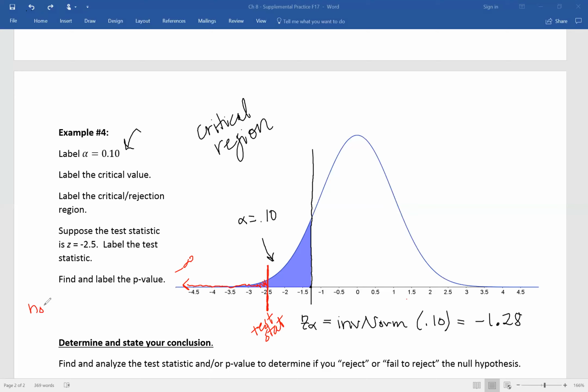If we used normal CDF from negative 1 million to negative 2.5, we would get a very small p-value compared to the 10% alpha. We would get 0.0062.